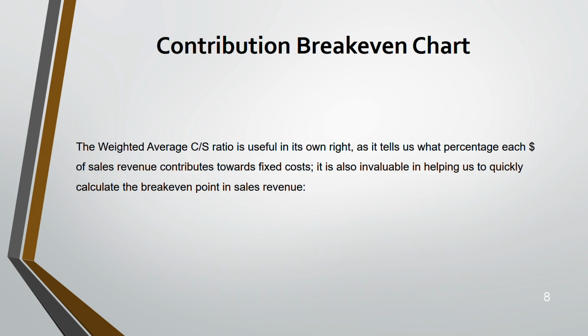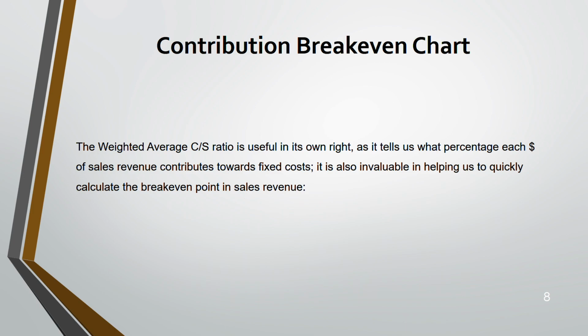Now, before that, the weighted average contribution to sales ratio is also useful. What are the uses of it? You can tell what percentage each dollar of sales revenue contributes towards fixed costs by looking at that ratio.